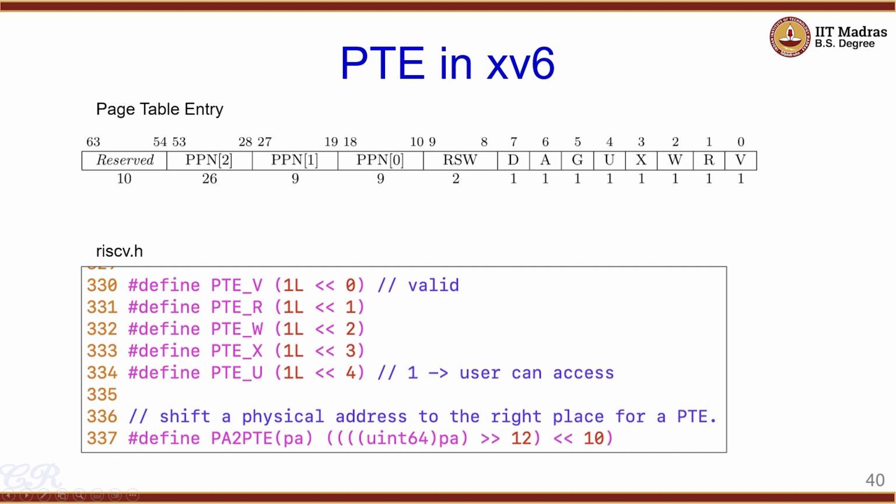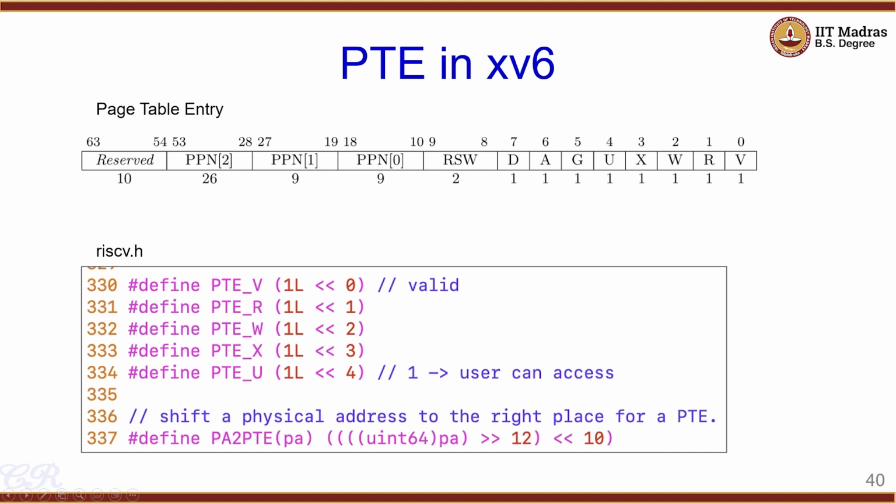In addition to the page number, we also have the various flags defined, like the valid flag, which is at an offset of 0 bits. We have the read, write and execute flags, which are offsets of 1, 2 and 3 bits from the least significant bit, and the user bit, which is at an offset of 4.